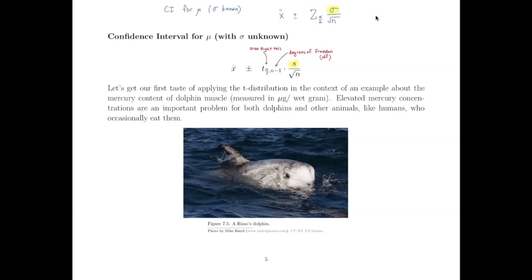So we want to be concerned about this mercury content in the dolphin because whatever consumes them, whether that's a human or another predator, they're also consuming that mercury. Mercury in this case is going to be measured in micrograms per wet gram. That's just a pretty common unit of measurement when we're looking at these kinds of things.